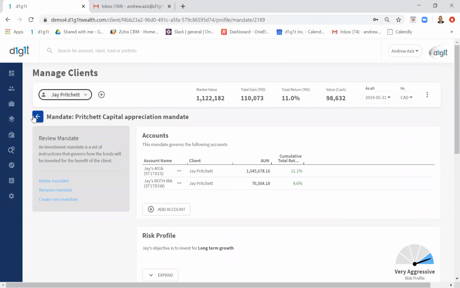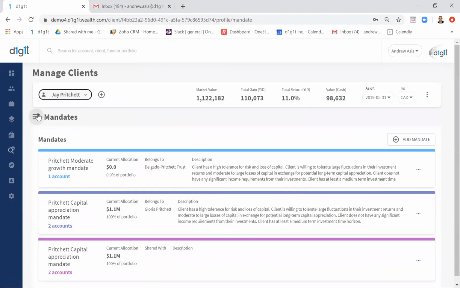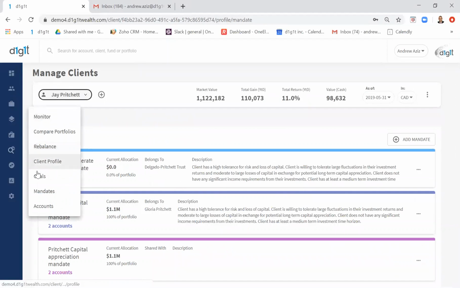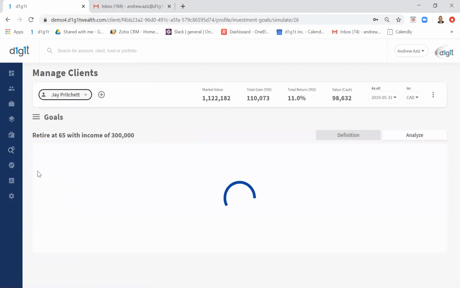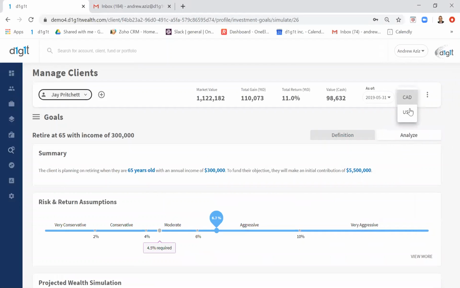So now let's check to see if we've done any goal planning with Jay. So we look back, and it seems in our discussions with Jay that we talked about Jay retiring at the age of 65 with an income of $300,000.